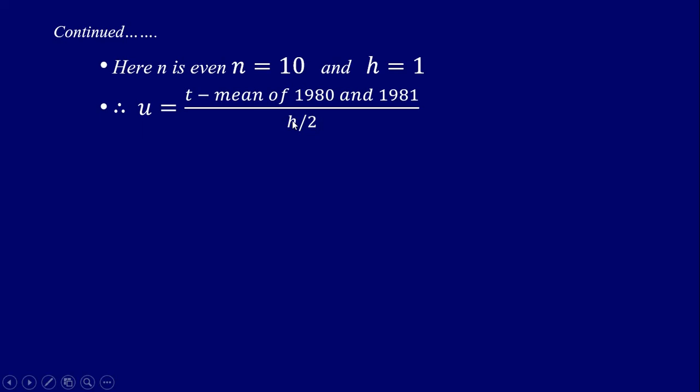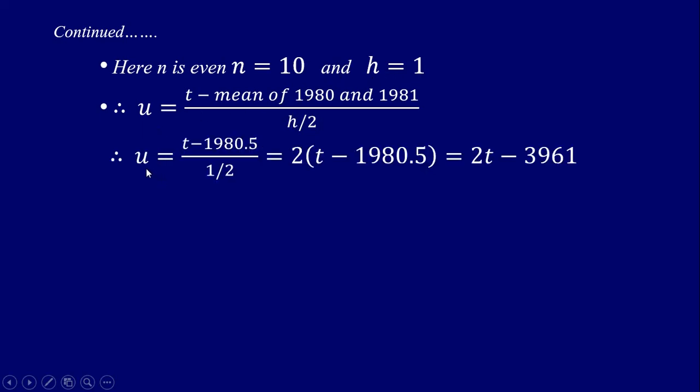In place of h, we substitute 1. So u is equal to t minus 1980.5, divided by 1 by 2. Now we transfer this 2 to the numerator, so we get 2 into t minus 1980.5.